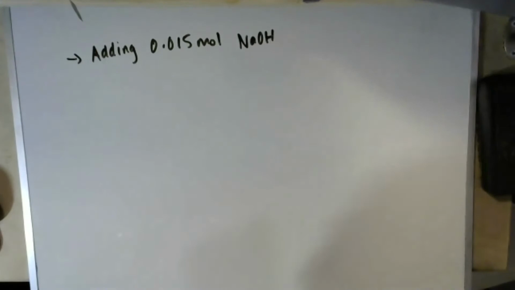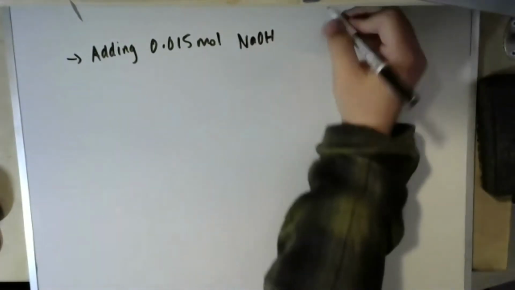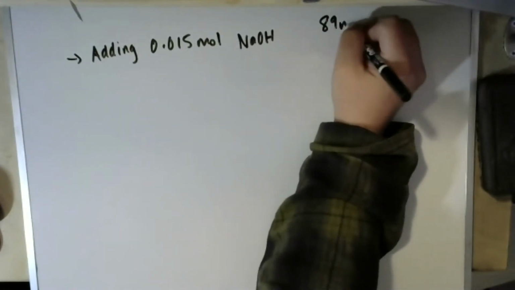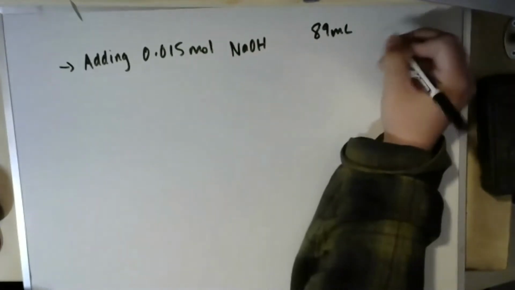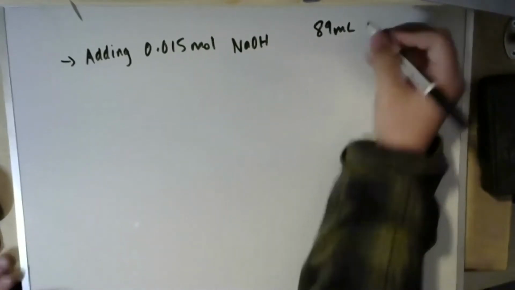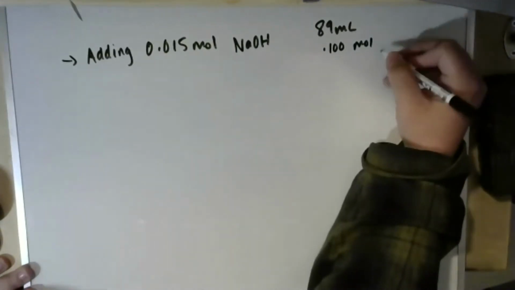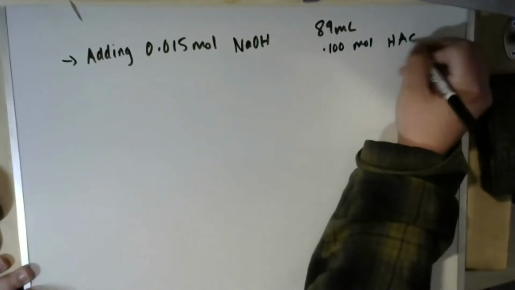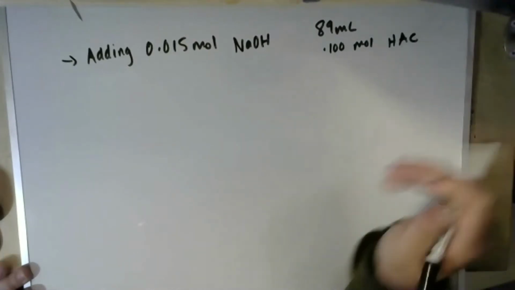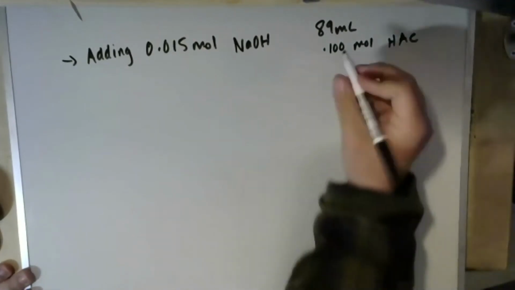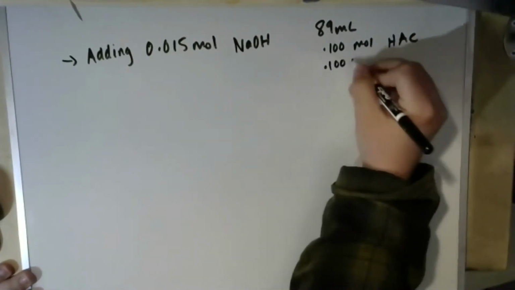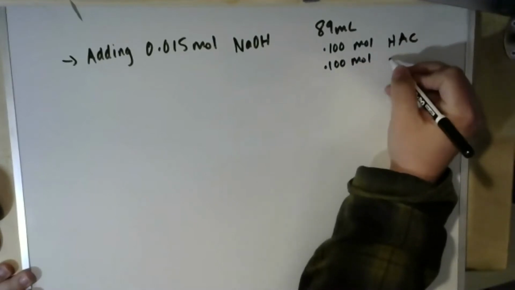And we still have that same buffer solution, so it's going to be 89 milliliters of solution with 0.100 moles of the acetic acid, which I think we can shorten to HAc at this point, and 0.100 moles of sodium acetate.